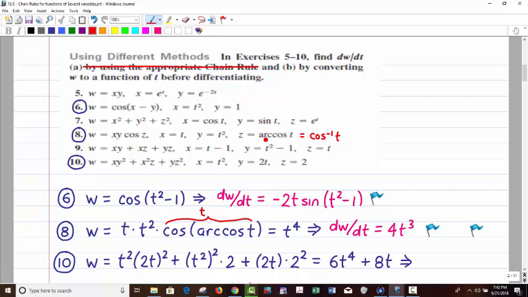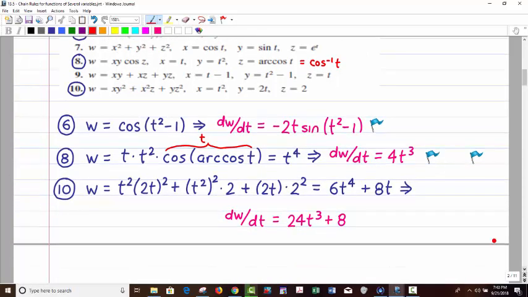So if you substitute, put in t for x, put in t squared for y, and put in arc cosine of t for z, you have t times t squared, and knowing your trig comes in real handy here. You could actually do this with just regular derivatives, but this is so much simpler.